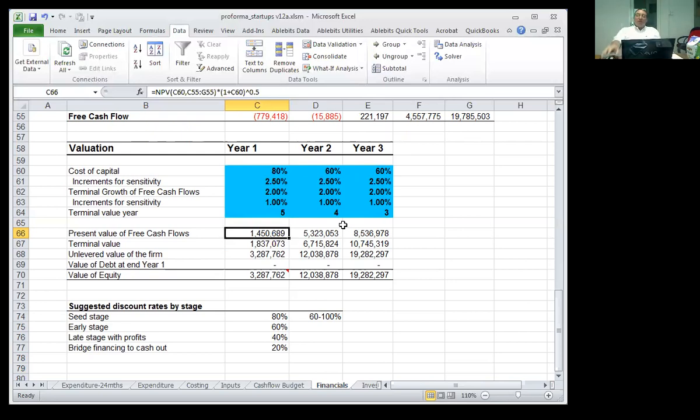Actually, if you look here at my formula, I'm using the NPV formula right here. The NPV formula gives me the present value of my cash flows with my discount rate being the cost of capital. What is this 0.5? Oh, very observant. The raised to the power of 0.5 is an adjustment factor that we use in the model to simulate that our cash flows are occurring in the middle of each period.